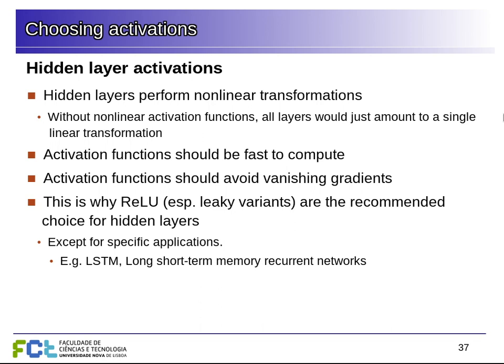So basically, leaky rectified linear units, or rectified linear units in general, are the recommended choice for hidden layers, with some specific exceptions like long short-term memory networks that are recurrent networks that use specific activations on some parts of the module of the network.